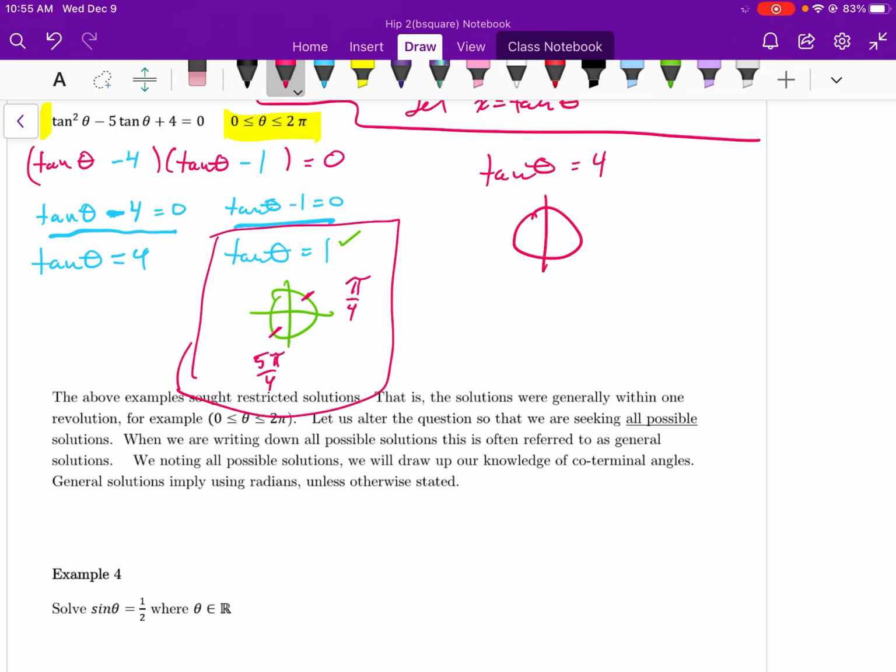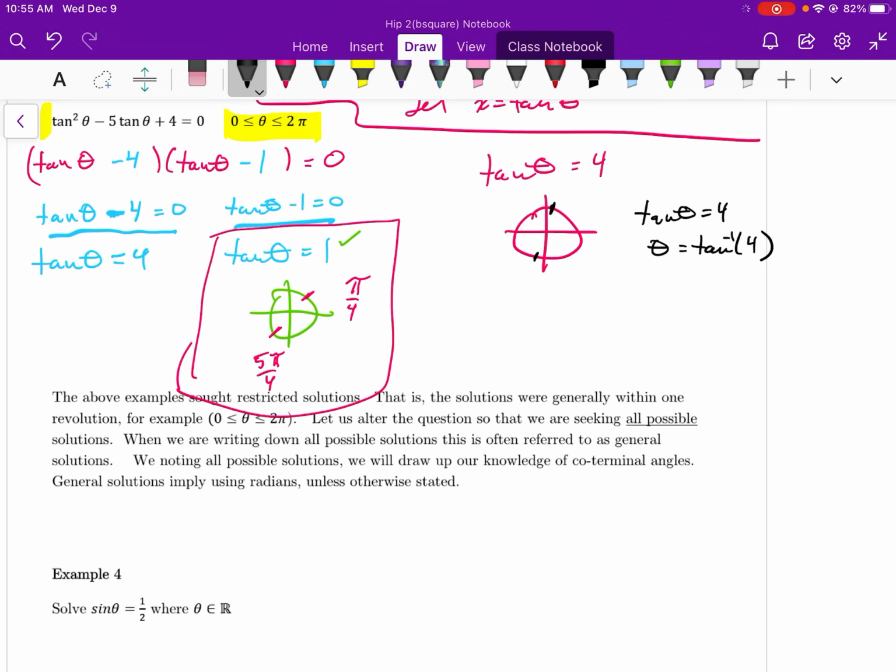So now I'm going to solve it using the unit circle thought process. So tan theta is equal to 4. That occurs in quadrant number 1 and quadrant number 3. Tan's positive in those two quadrants. And then I'm simply going to say tan theta is equal to 4, so I'm going to apply the inverse tan to both sides.